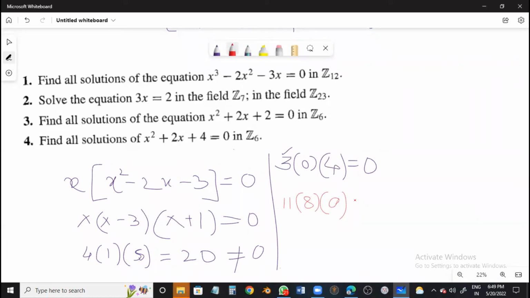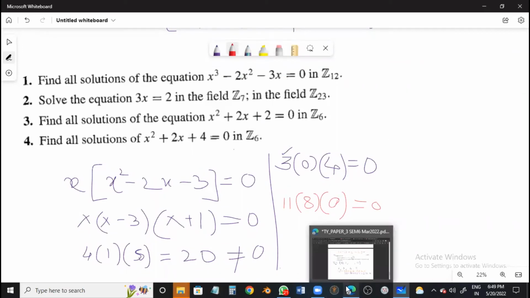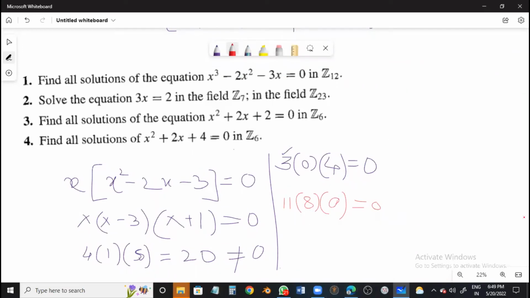What is 11 plus 1? 11 plus 1 will be 12, which is 0, and 0. So you got the answer this way. Is it so? So I hope you'll keep trying with the members of Z12. Sure? Can you suggest to me any other answer?